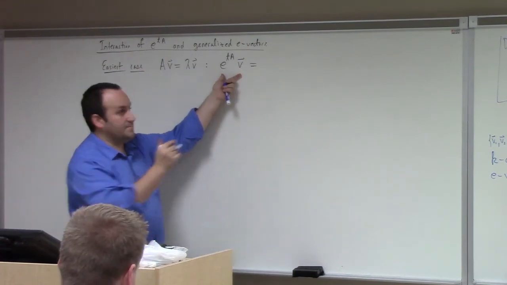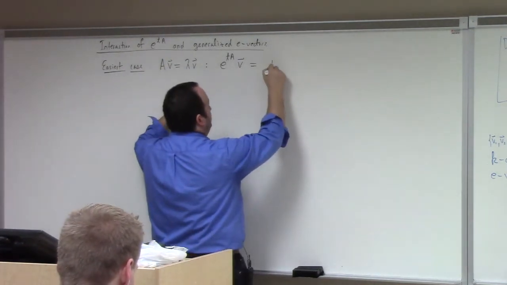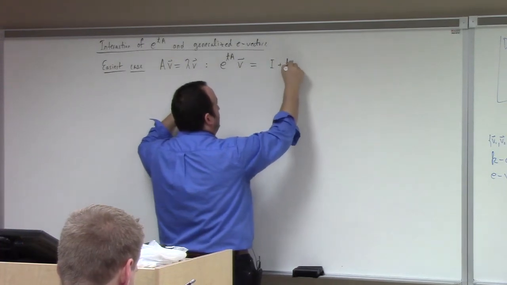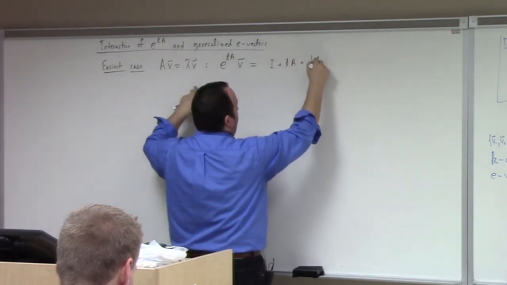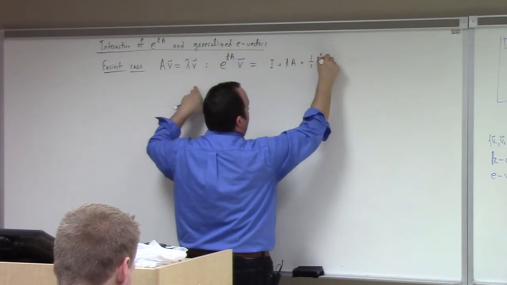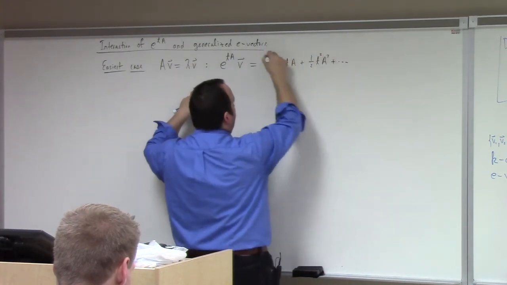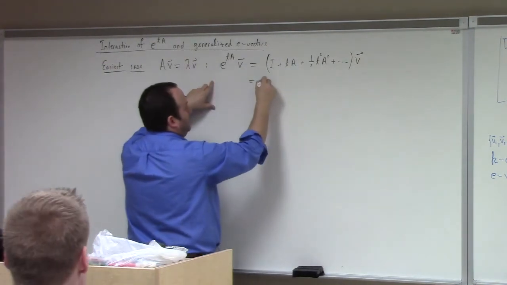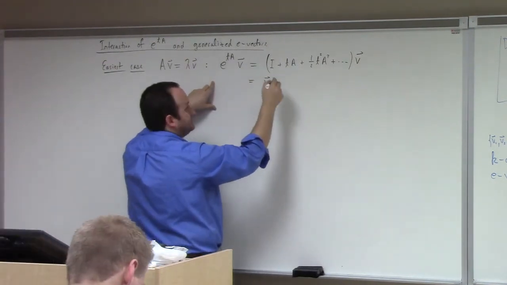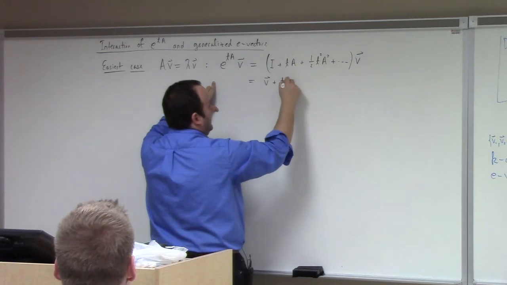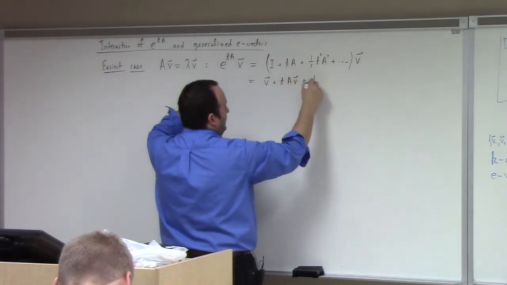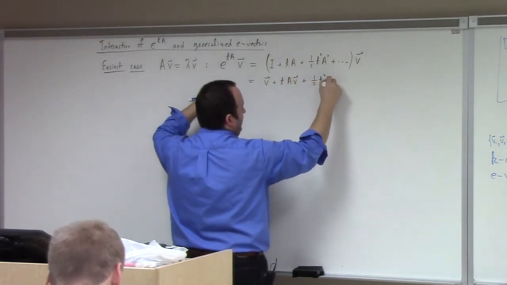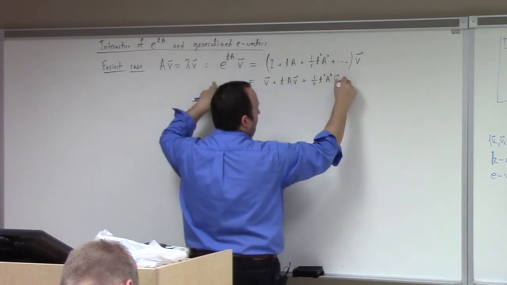What happens to this? I'll write it out in the expanded notation because that's easiest for you to follow. What happens when v multiplies here? We get Iv, plus tAv, plus 1/2 t squared A squared v.